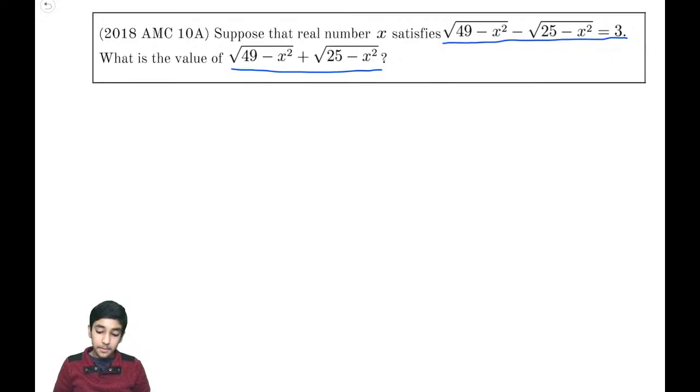I'm going to give you some time to try this problem out yourself. And there's actually a really, really nice idea of how you can solve it. So it's a really good solution that you should definitely look at.